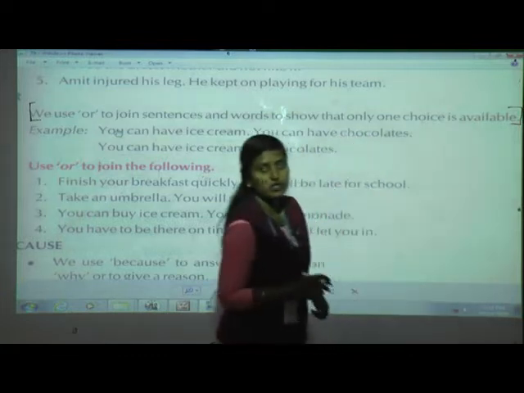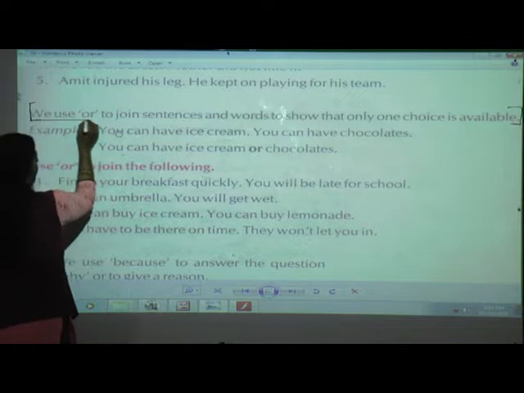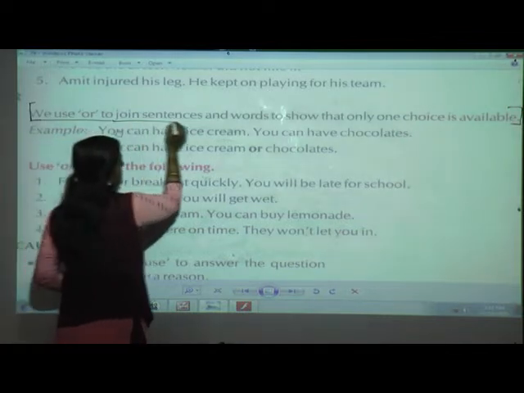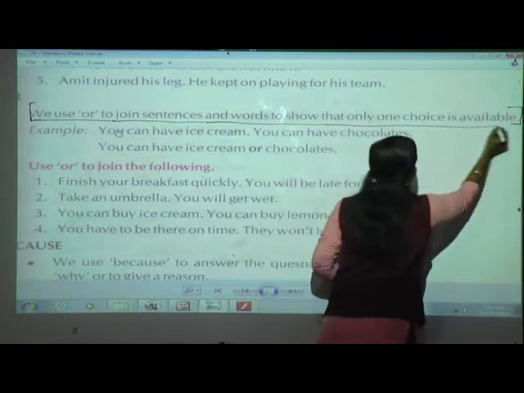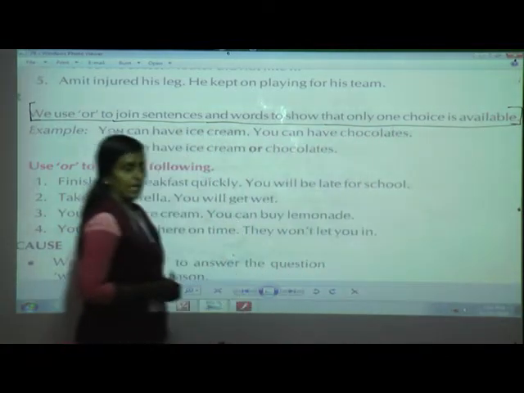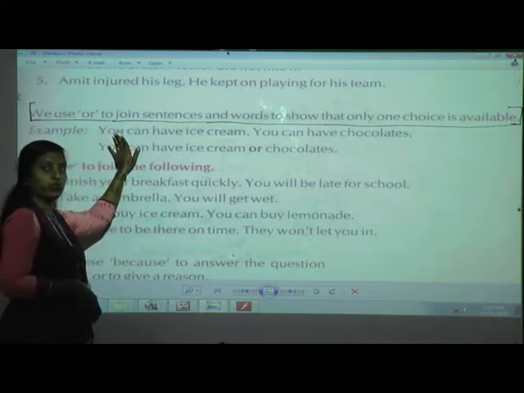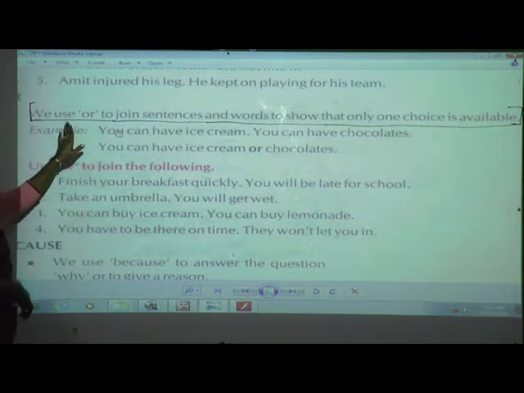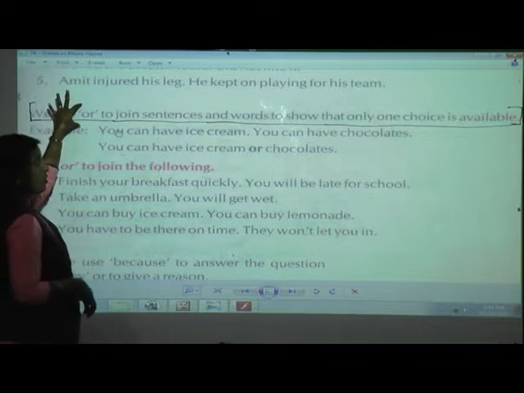This full sentence you have to just underline it. Take one scale and underline the sentence. Before also for and but I have told you to underline it. So that whenever you come to learn this lesson, you first see why the teacher has told us to underline this sentence. This will help you understand why you are going to use or, how you are going to use this or conjunction.